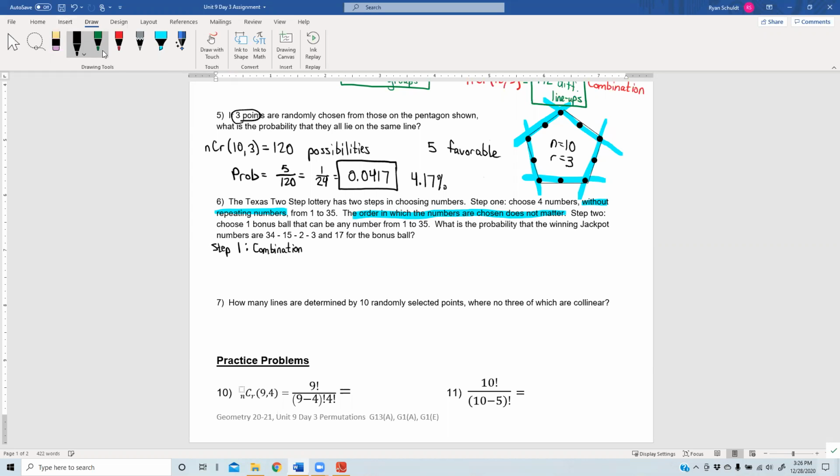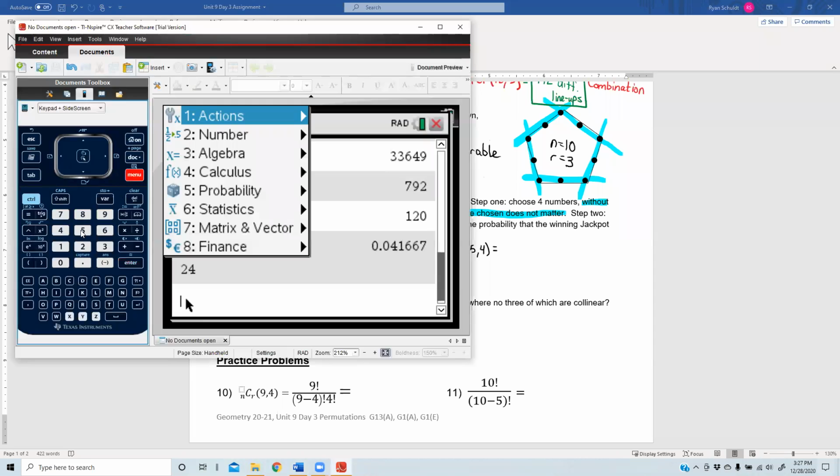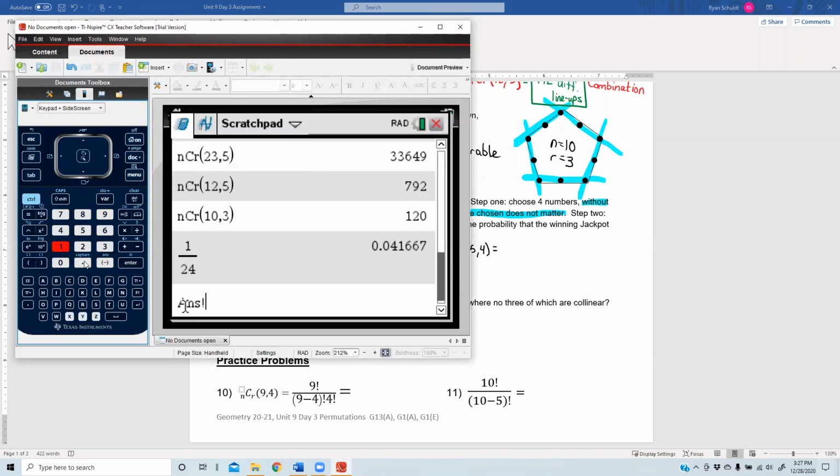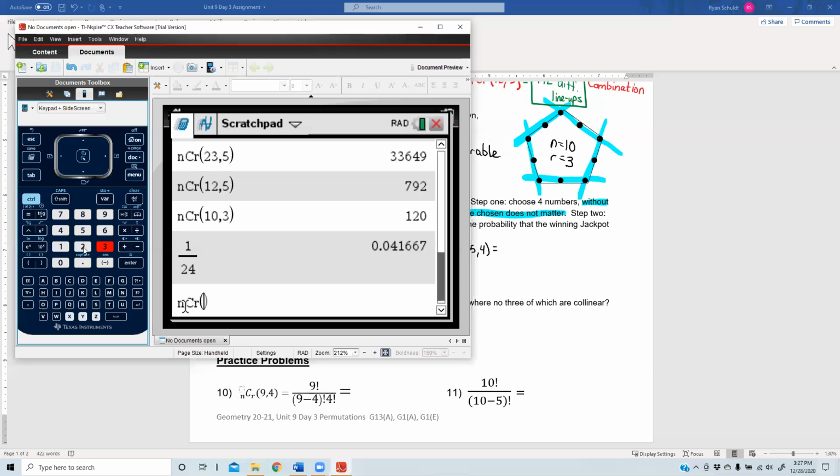Okay, how many numbers can we pick from? We've got 35 to pick from, and we're picking 4 of them. So total ways for step 1 to happen would be menu 5.3 combination.